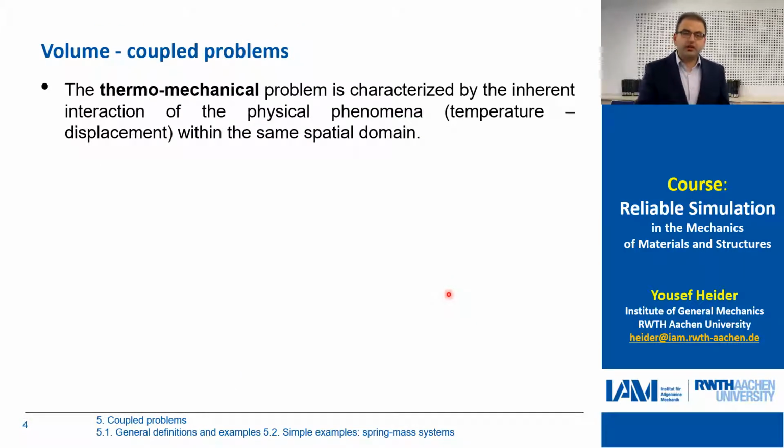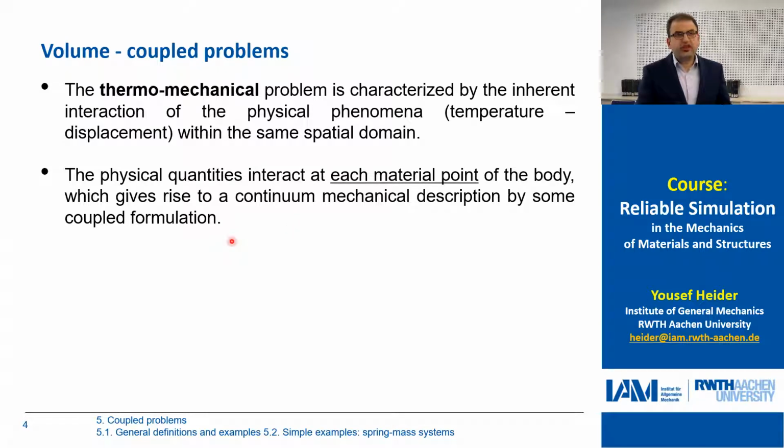So let's give now a concrete definition. So the thermomechanical problem is characterized by inherent interaction of the physical phenomena, which are in this case the thermal field, the displacement field. And this interaction happens not only on the surface, but also inside the material. So it happens at each material point.